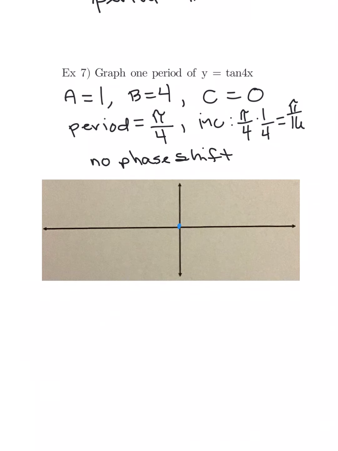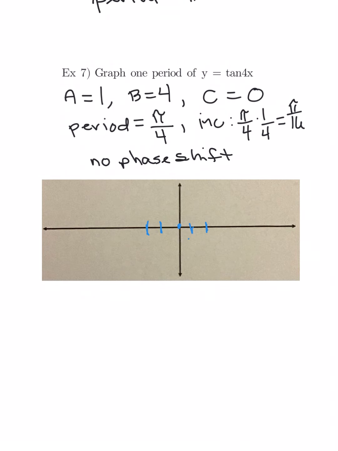On a tangent or a cotangent, you find where you are on the x-axis, and then you go 2 to the right and 2 to the left of that point. So we are going to go 2 marks to the right and 2 marks to the left, and we're going to count by pi over 16.